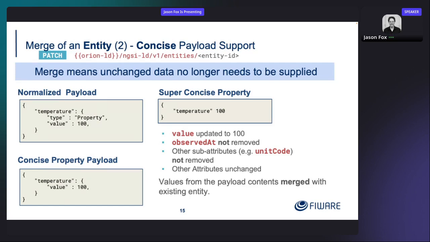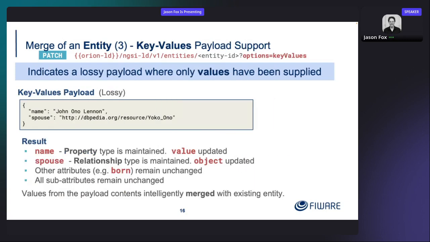These are all equivalents. The concise or super concise is expanded to the normalized before the operation is passed to the context broker. If you add in options key values on a GET request, you will just get back the first level of attributes.